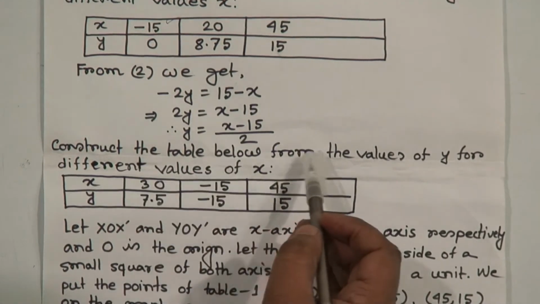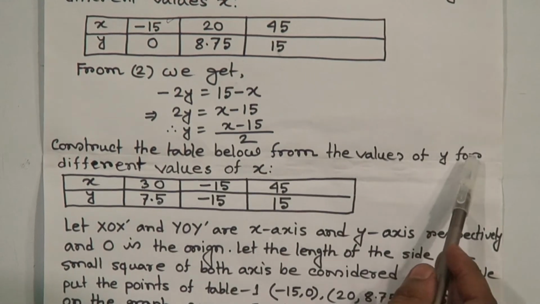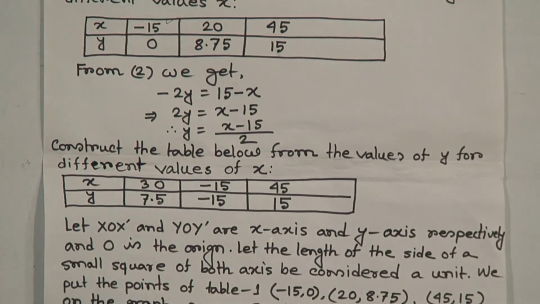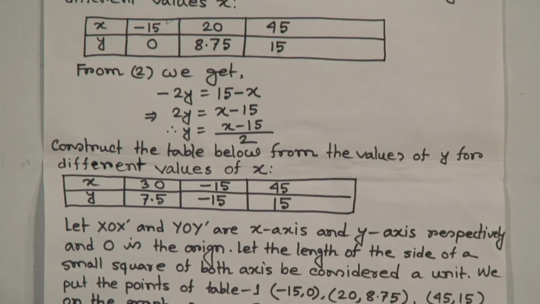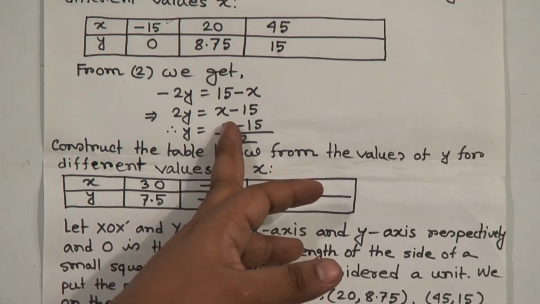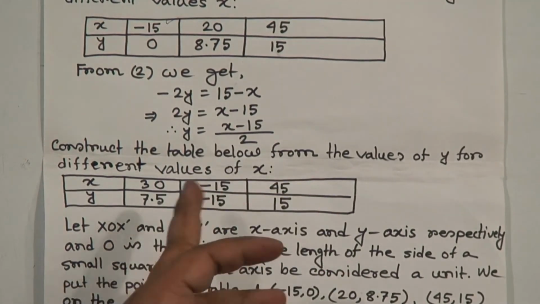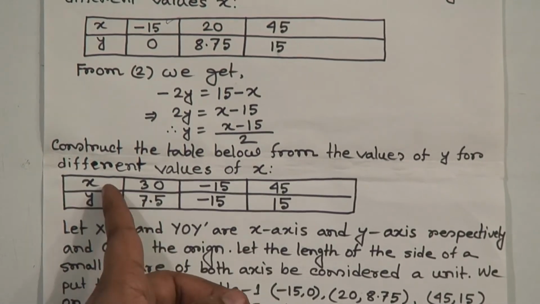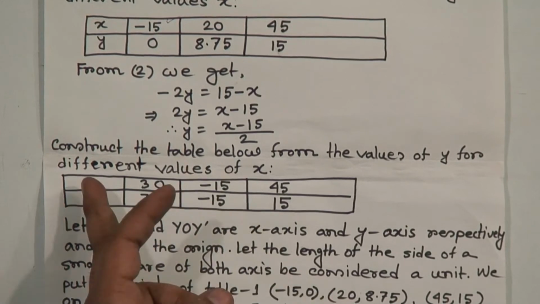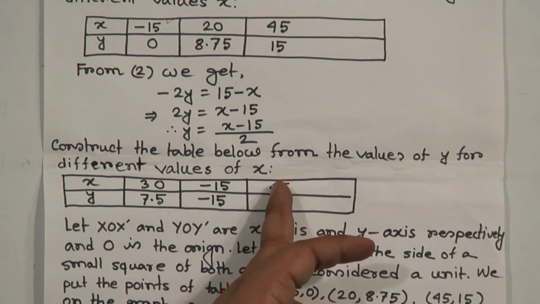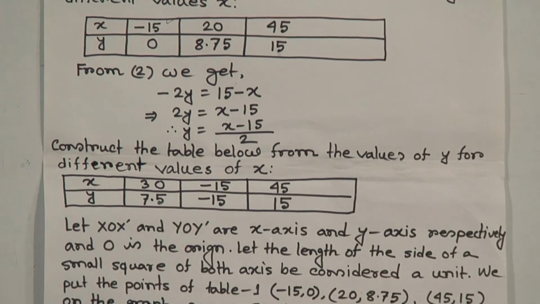Construct the table below for the values of y for different values of x. That means we use different values of x and we get the value of y. Notice if we put x equal to 30, then we get 7.5. If we put x equal to minus 15, then we get minus 15. If we put x equal to 45, then we get y equal to 15. I hope you have understood how to find this.